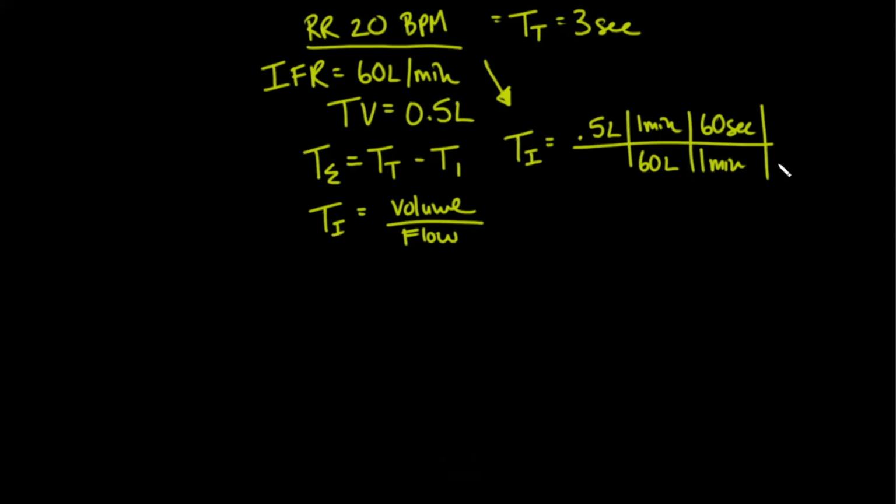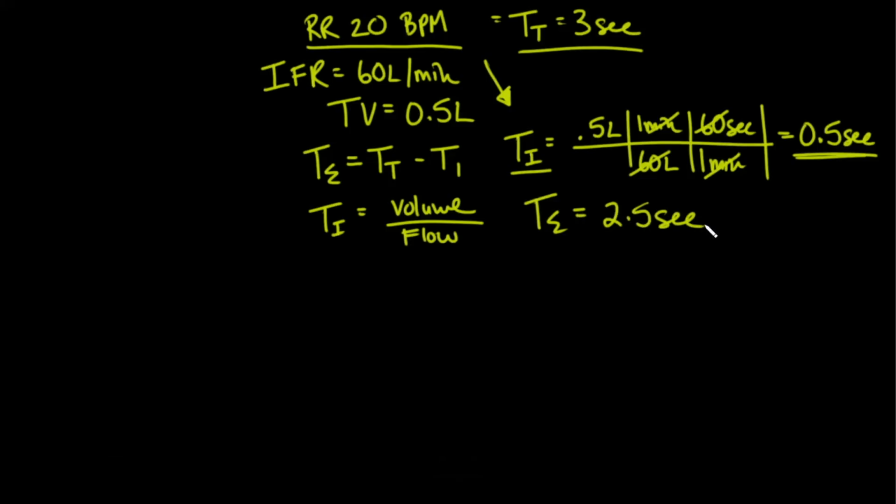And so the 60s cancel out, the minutes cancel out, and what you're left with is that it takes exactly 0.5 seconds for inhalation. So if the total time is 3 seconds between respiratory breaths and the I time is 0.5 seconds, then the total E time, the amount of time that we have for exhalation, is going to be equal to 2.5 seconds. And obviously in our patient that is not enough time. We need to increase that time.